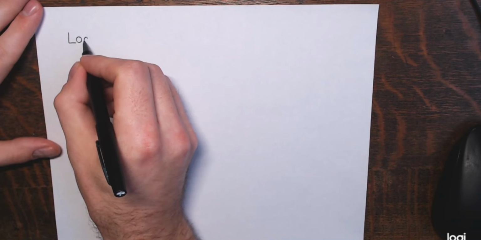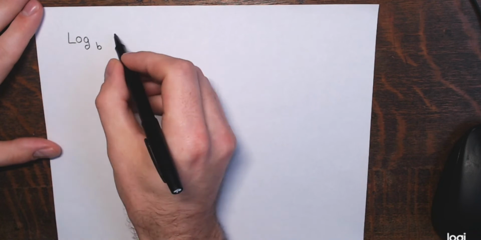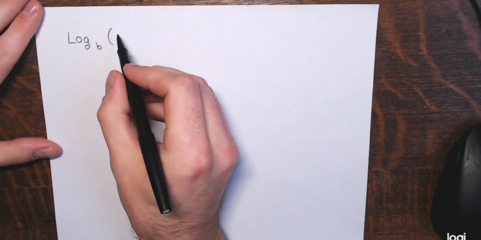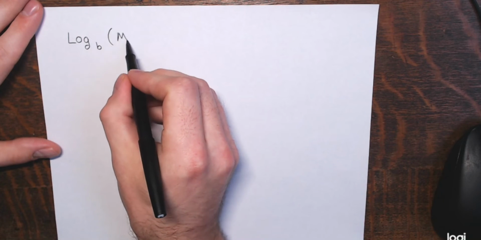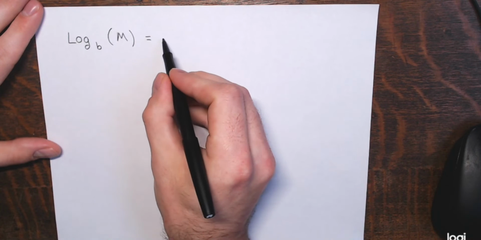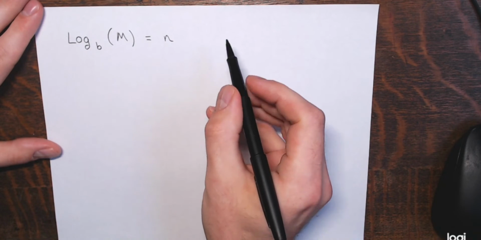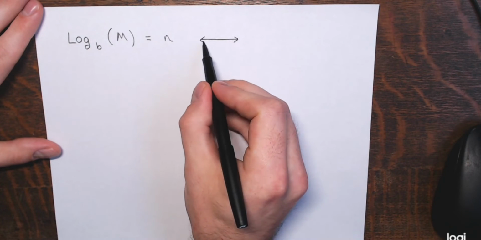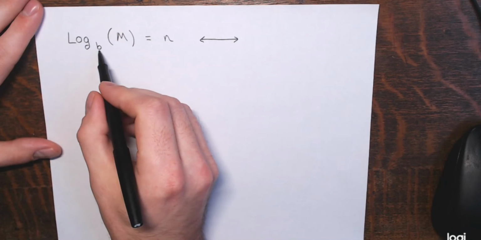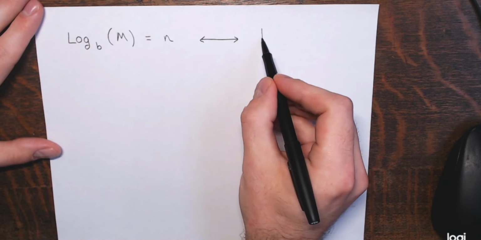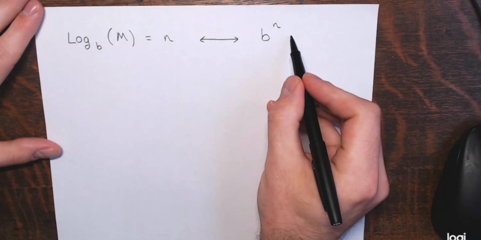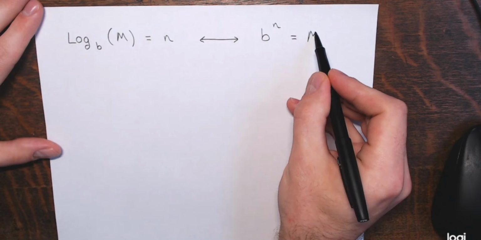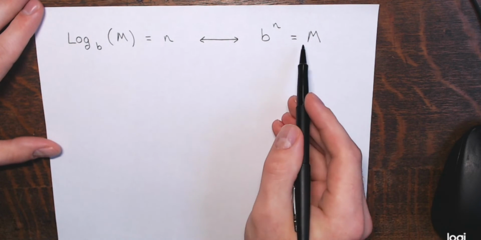Right, you may recall this, that if the logarithm, base b of, say, m, if that was equal to some number n, right, this is in logarithmic form, remember this was equivalent to saying the following, that b to the nth power was equal to m, right, that capital M. Right, and this is exponential form.